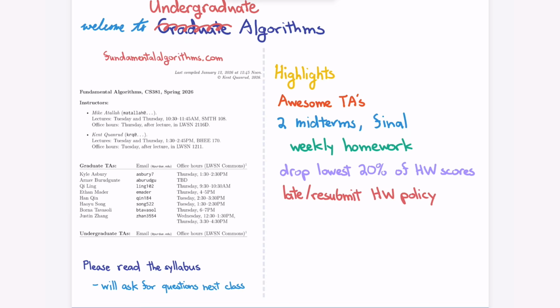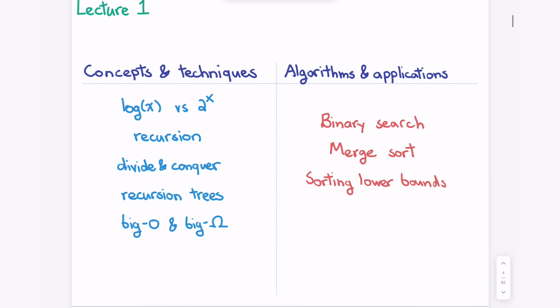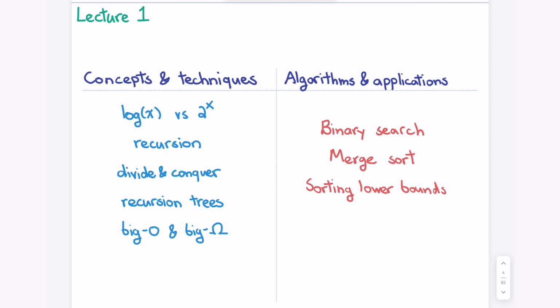So, right. Okay. Last time was just our introductory lecture where we laid out everything that goes on in this class. We started really basic: logarithms versus exponentials, stuff in between. We did some recursion. Of course, I made a big deal about the recursive spec.